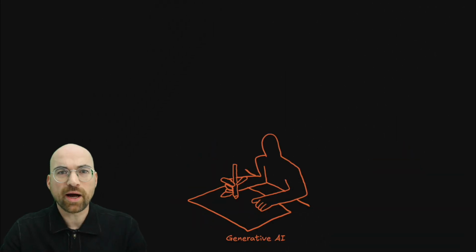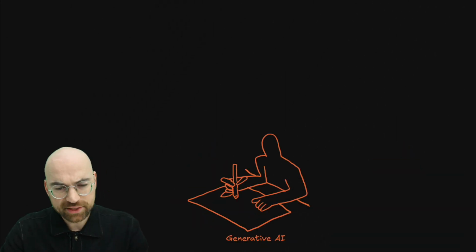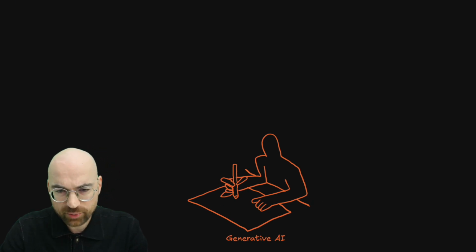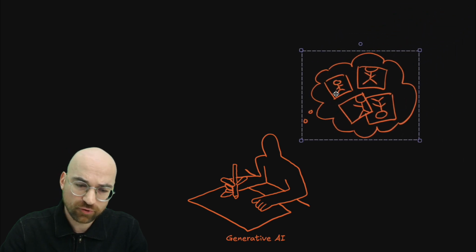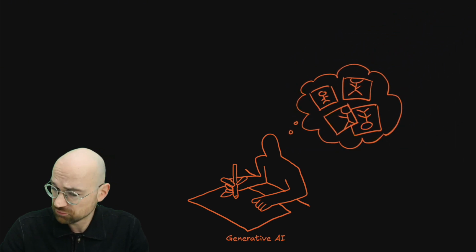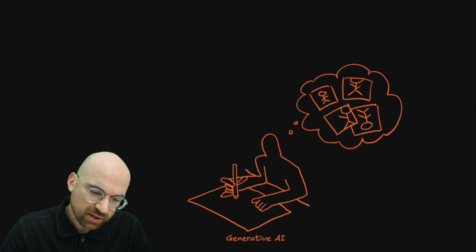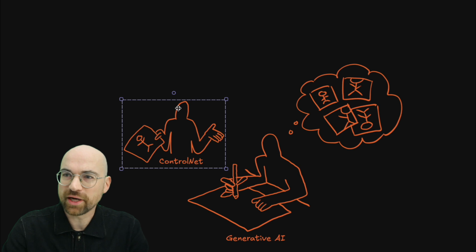So imagine AI as an artist creating from a blank canvas. You see this drawing over here. It does so with its own ideas of topics and also of composition or structures, for example. A ControlNet now is another model which is, yes, like an art director, providing instructions on composition, on depth, and also on structure.